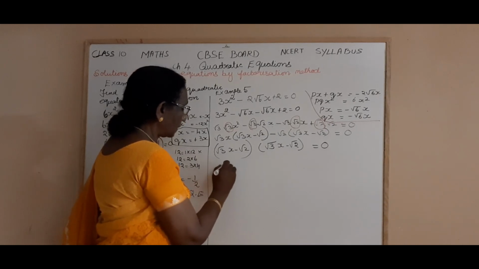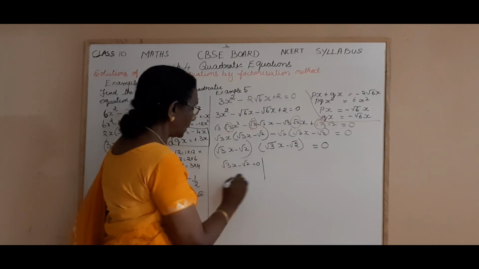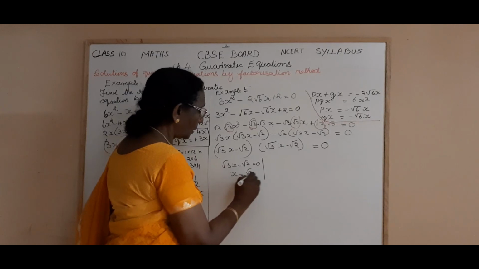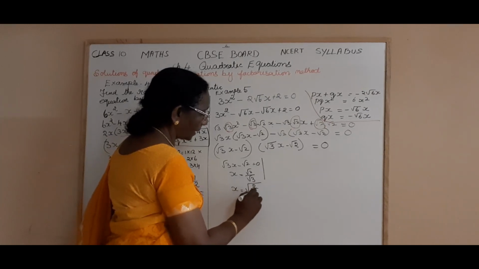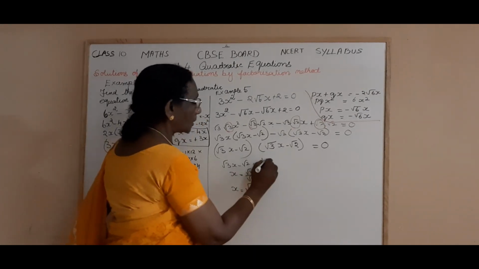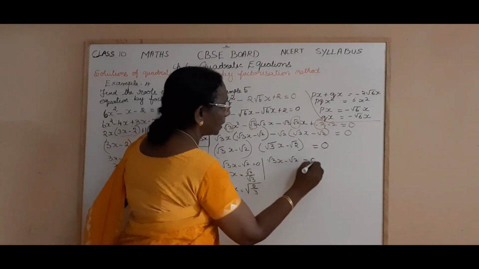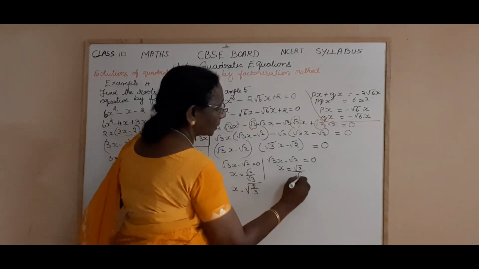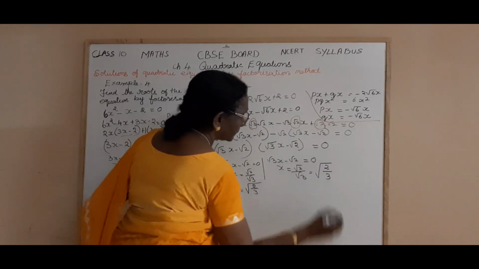So if root 3x minus root 2 is equal to 0, x is equal to, bring this here, plus root 2 by root 3. So that is x is equal to root of 2 by 3. And here also root 3x minus root 2 is equal to 0. So x is equal to root 2 by root 3, that is equal to root of 2 by 3.